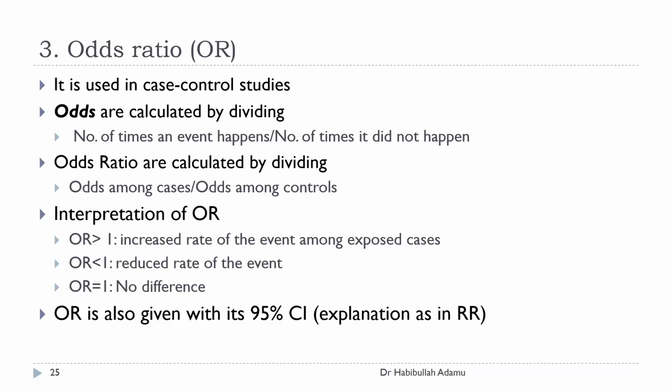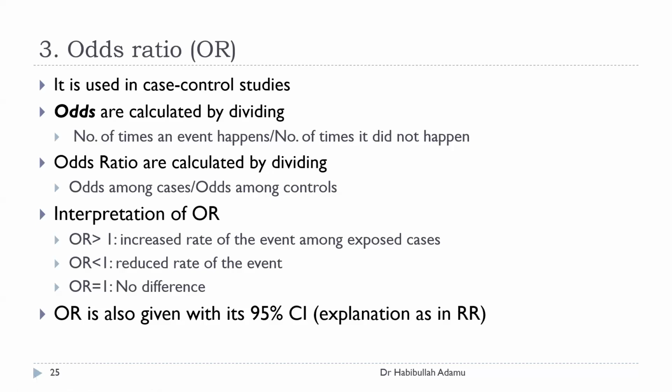So odds ratios, like we mentioned initially, were listed as part of the tests of association. This one is just the summary of the interpretation, not how it is calculated. The most important thing here is the last part on the interpretation. When you calculate the odds ratio, it is going to give you a value.